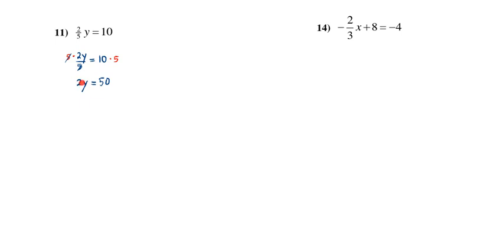So finally, we remove the 2. The 2 is multiplying right now, so we need to do the inverse, which is division. Dividing 50 divided by 2, we have 25 on the right side, and on the left side, 2 divided by 2 is 1y. And this will be the answer, the solution, since y is alone and it's positive, y is equal to 25. For this one as well, I will leave the check for you to do.